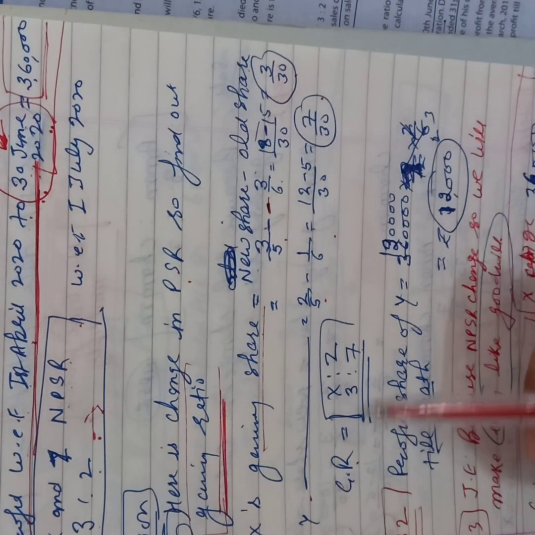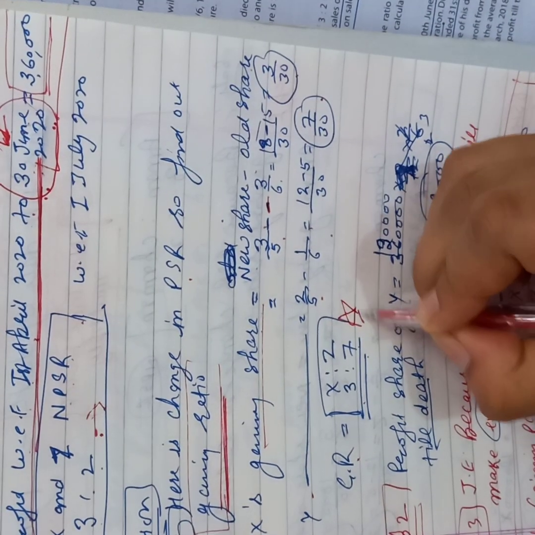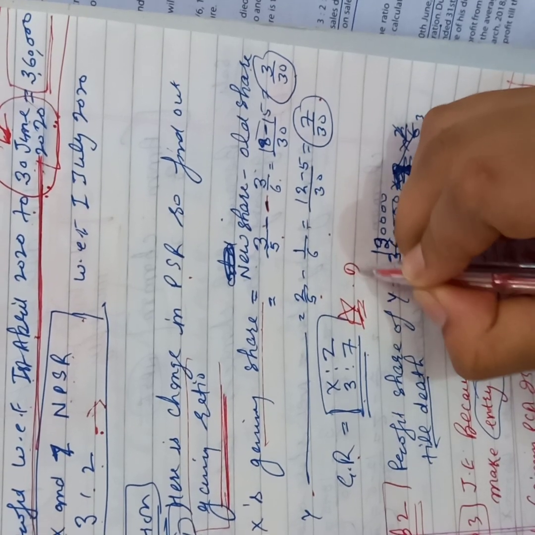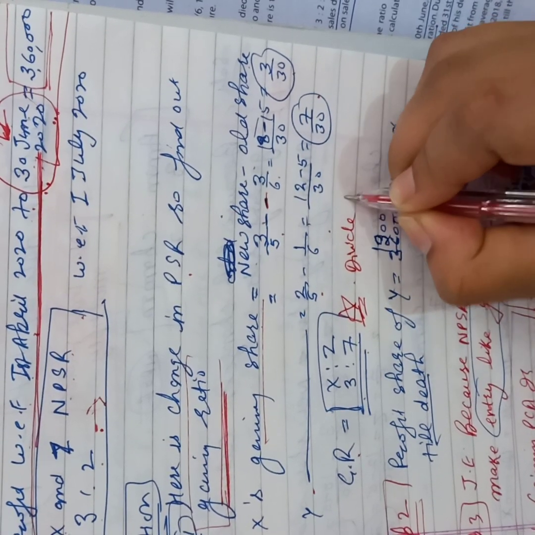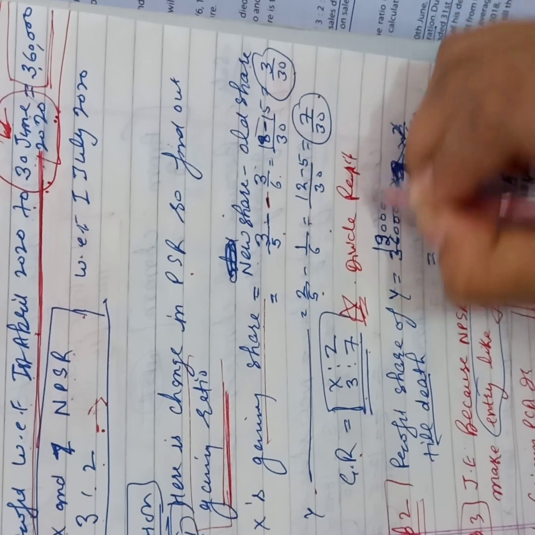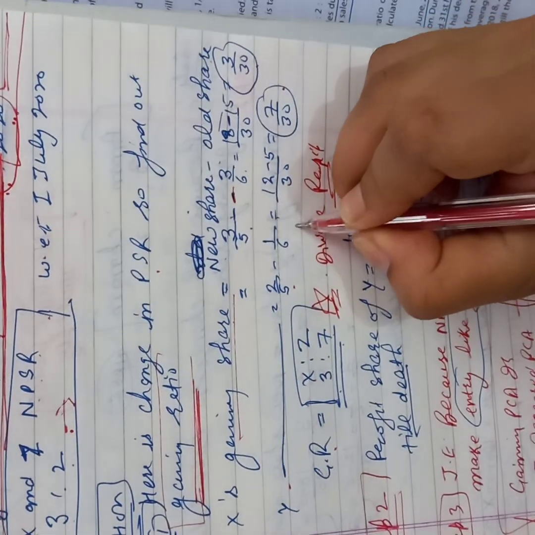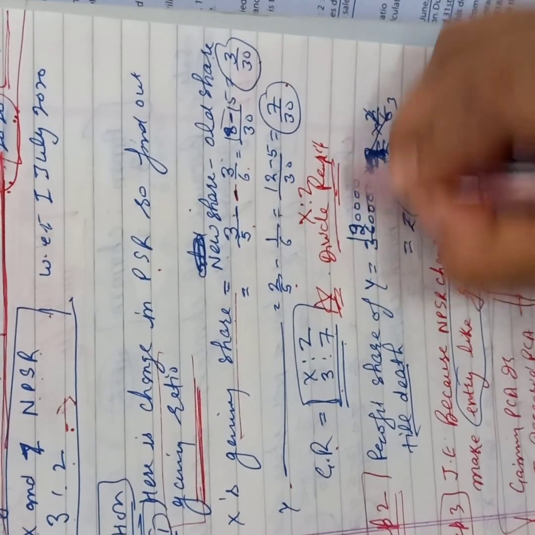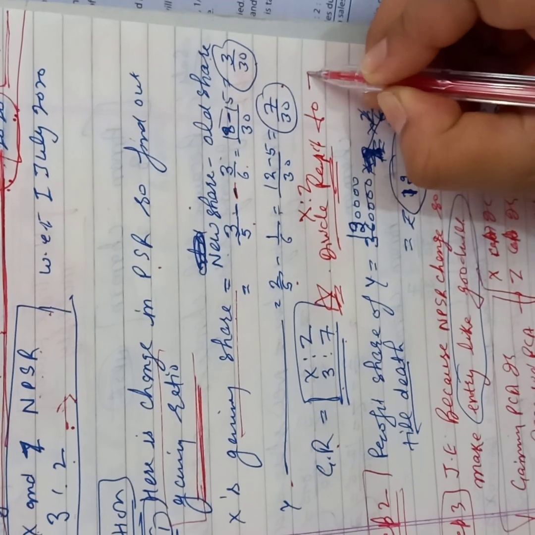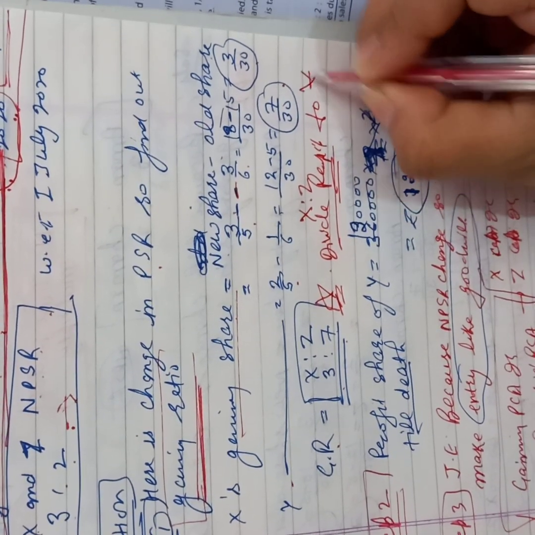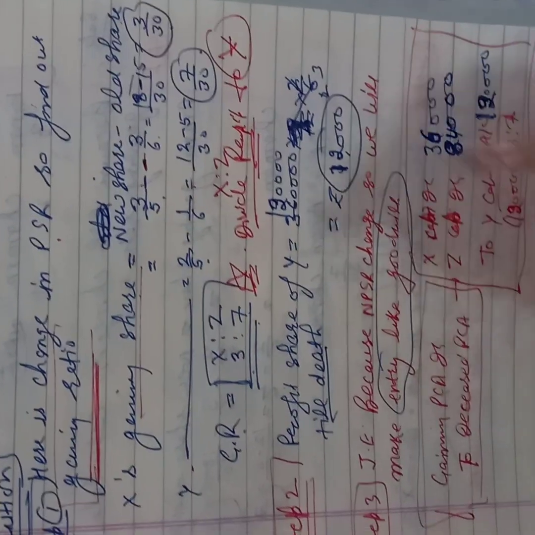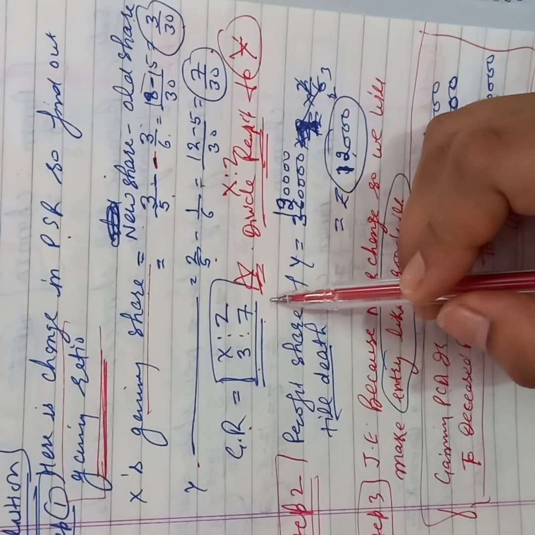So the gaining ratio is 3:7. That ratio is most important, because in this ratio we will divide the profit and give it from X and Z to Y. So the first step is clear: we have to find out the gaining ratio.